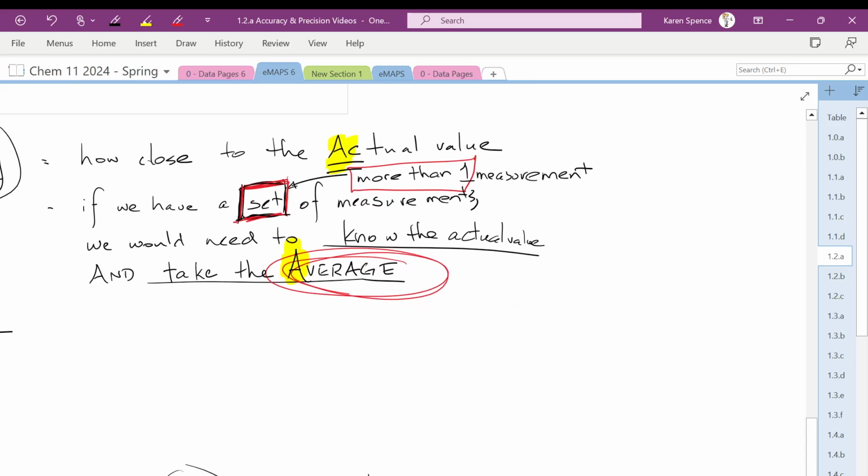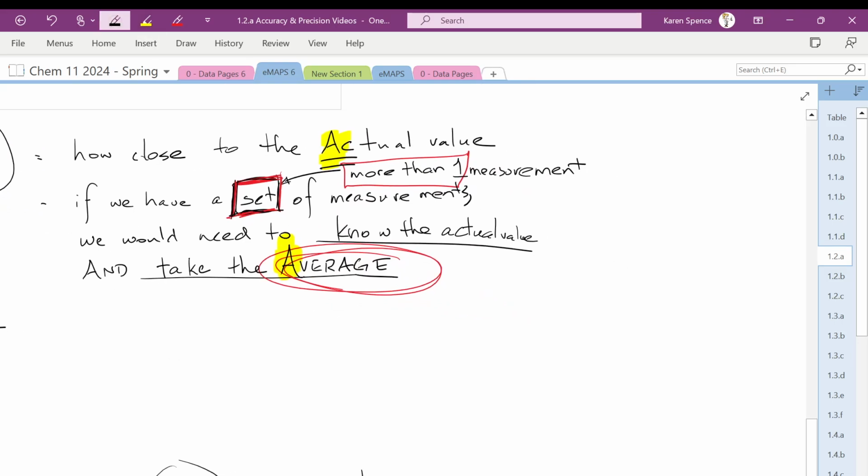Okay, I think probably most of you know, but just in case, it may have been a while: add up all the measurements and divide by the number of measurements.